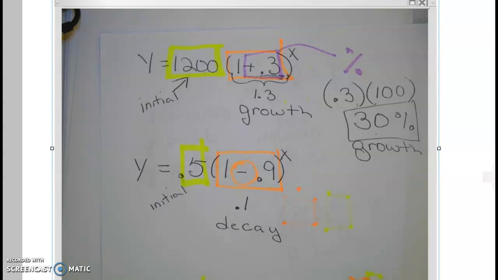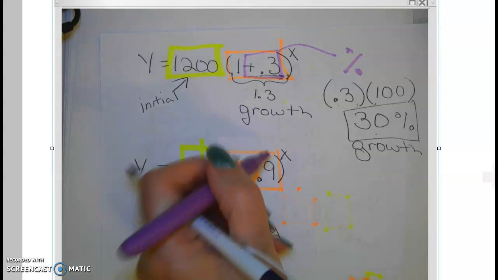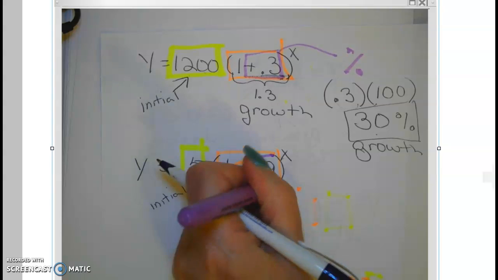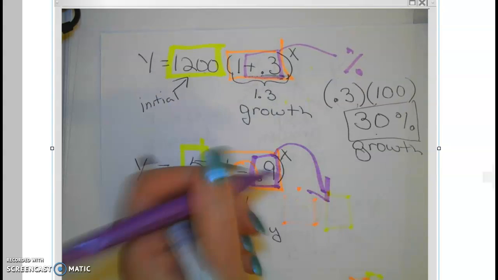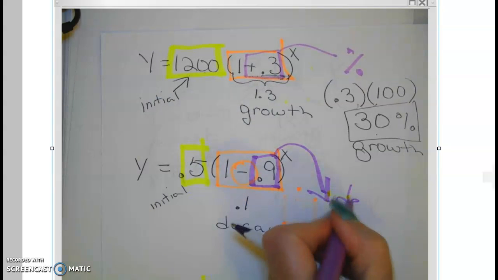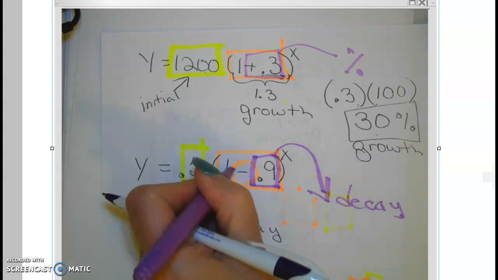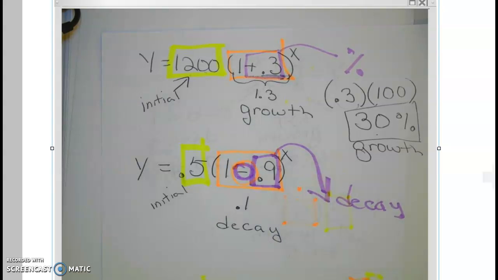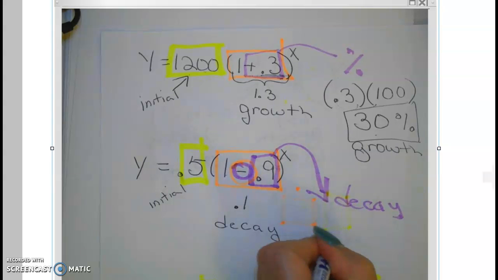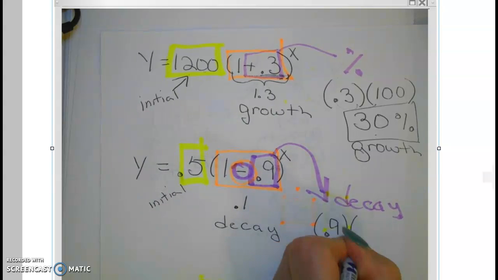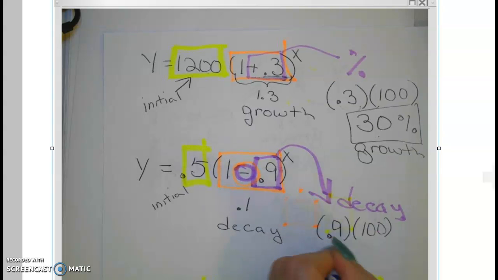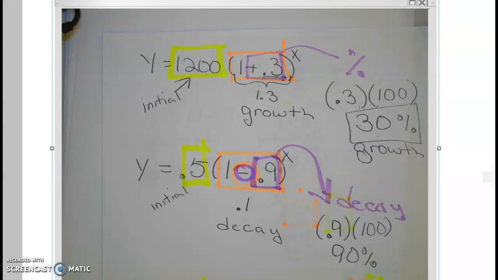Now, what is the percent decay? Well, I need to look right here, and I can pull that out. Remember that it is decay because of this subtraction sign. That subtraction sign told me it was decay. What is the decay? Well, the decay is 0.9, and 0.9 times 100 is going to be 90%. So my percent decay is 90%.